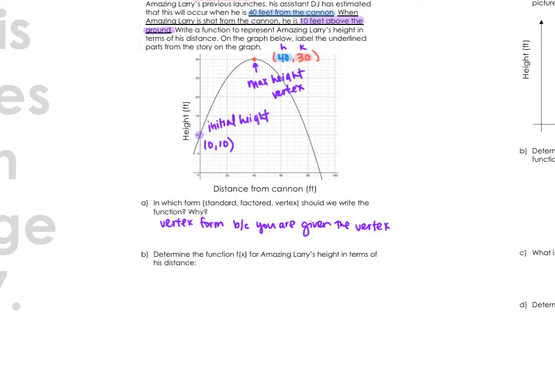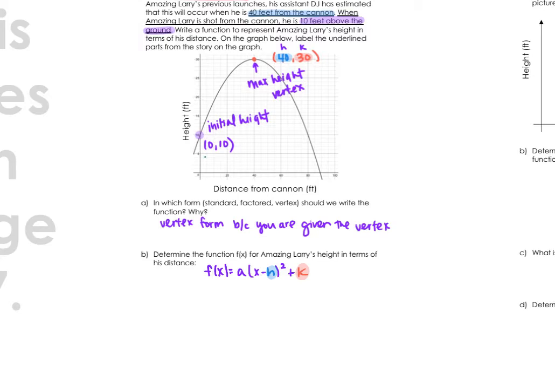So vertex form is like this: f of x equals a times (x minus h) squared plus k. So what I'm going to do is plug in the information that we know. Well, we know our vertex, h and k, so h is going to be plugged in for h, and k is going to be plugged in for k. And in addition, we are given another point, which is the y-intercept.